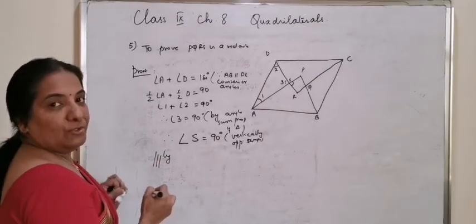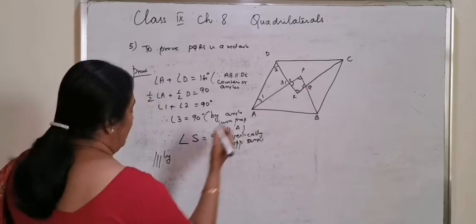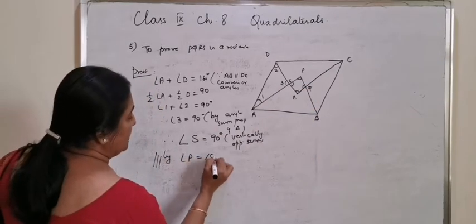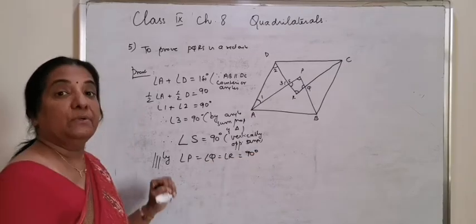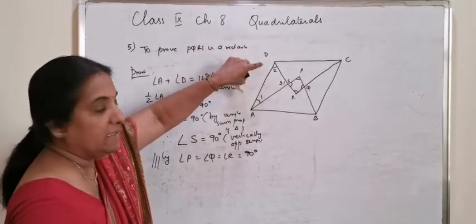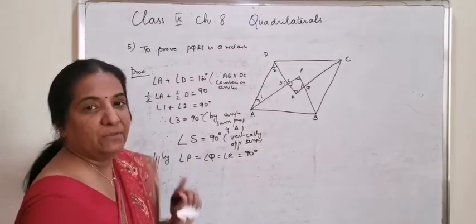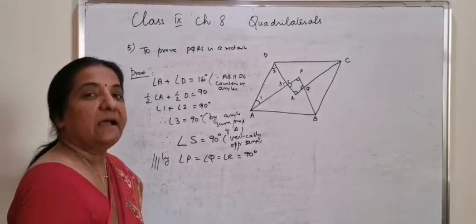Similarly, you can prove angle P, angle Q, angle R. Angle P is equal to angle Q is equal to angle R is equal to 90 degrees, by the co-interior angles, the angle sum property and vertically opposite angles, by taking pairs of co-interior angles.